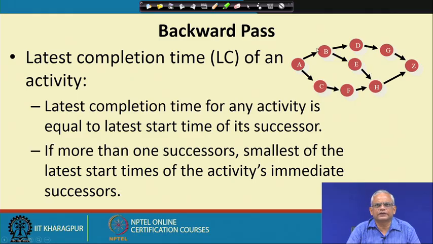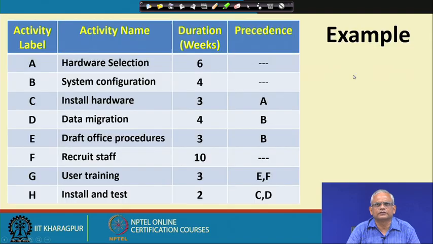The only case is that when there are more than one successor for a node, the latest completion time should be equal to the smallest of the latest start times of both the successors. This is the only thing that we must be careful about.